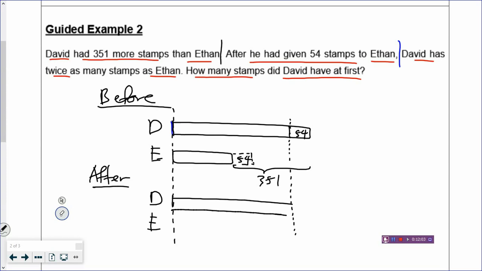Make use of the dotted line to show you where to draw your model until. Then Eden received 54, and his rectangle in the after is going to be until the dotted line as well. When you draw a dotted line, try to draw a straight line downwards.